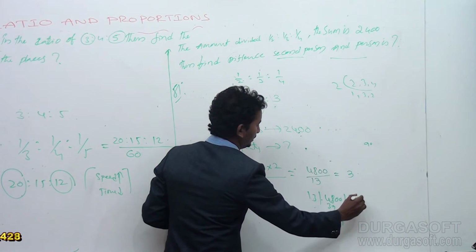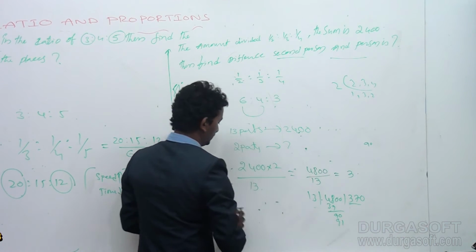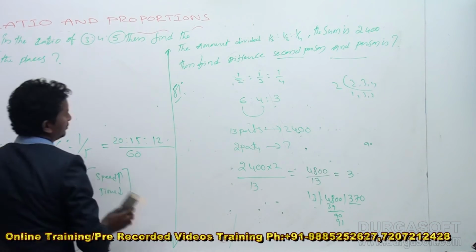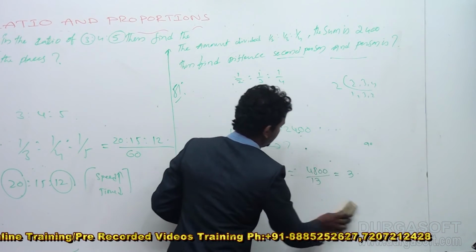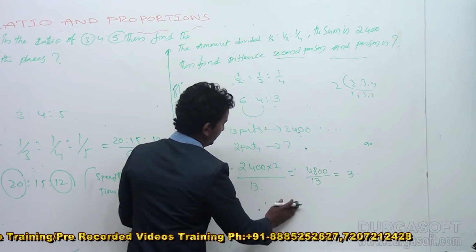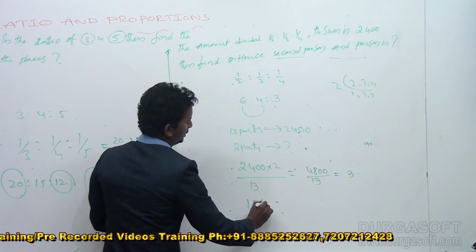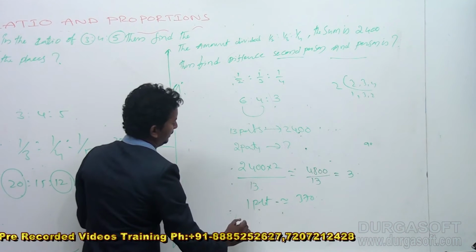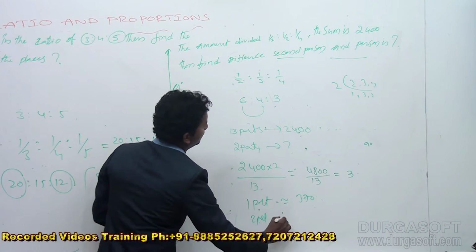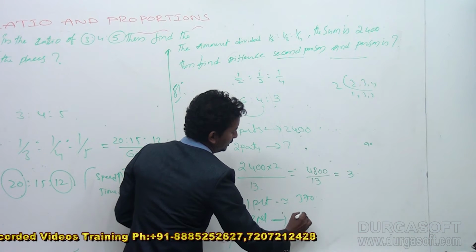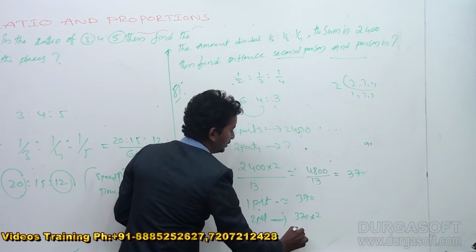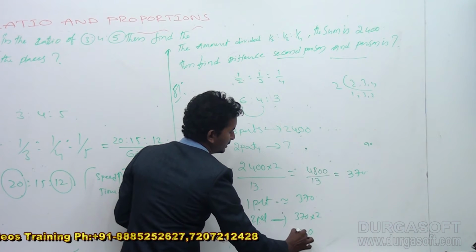So one part is approximately 370 rupees. The difference of two parts is equal to 370 into 2, which is 740.